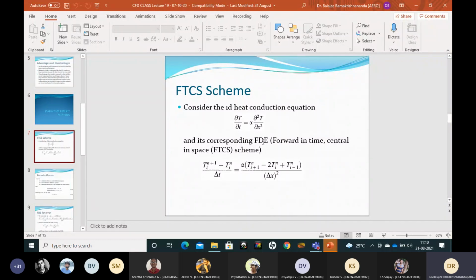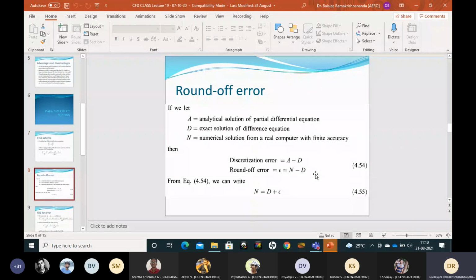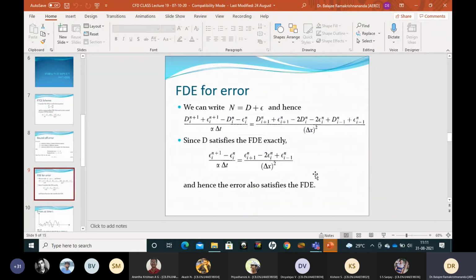So we can cancel out the exact solution terms. What remains is for the error. So the error also looks like the same equation. In other words, the error should satisfy the original FDE. This is the conclusion we got.